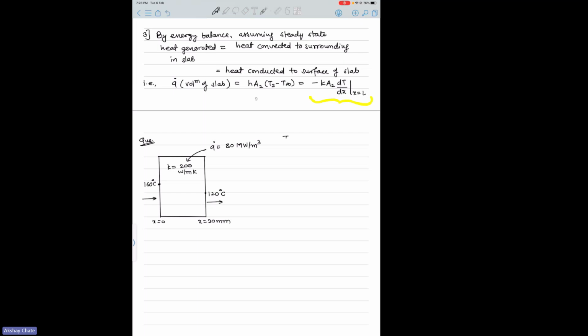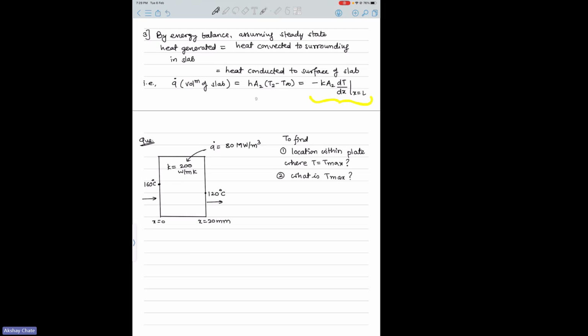You need to find first the location within the plate where T is equal to T max. So basically, where is the maximum temperature point and what is T max? That is, the maximum temperature that is generated in the slab.